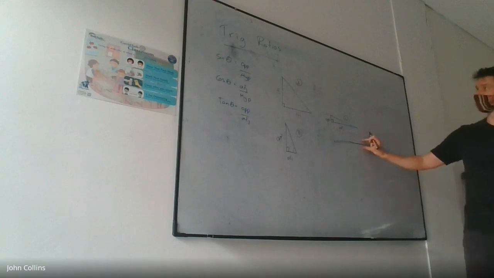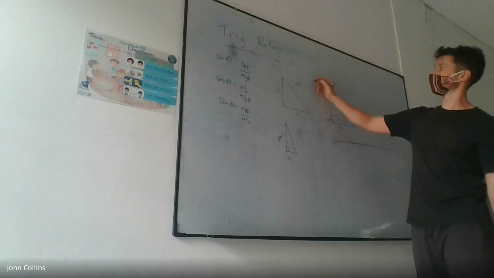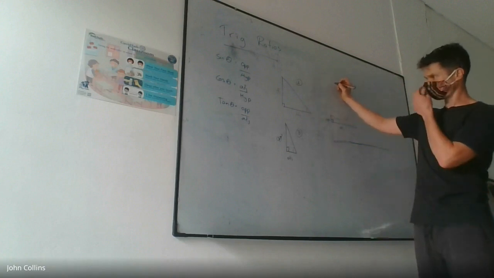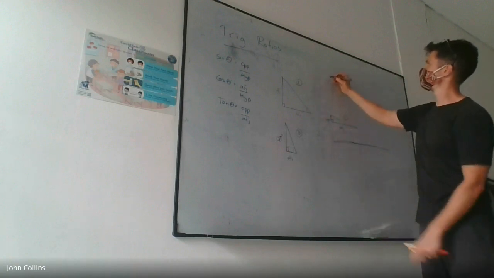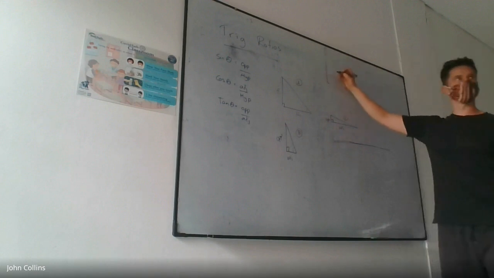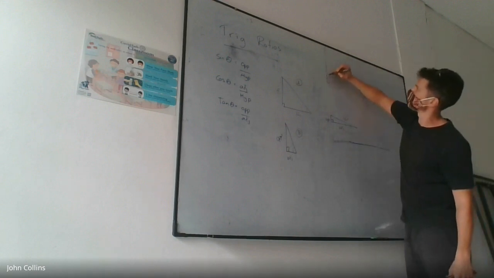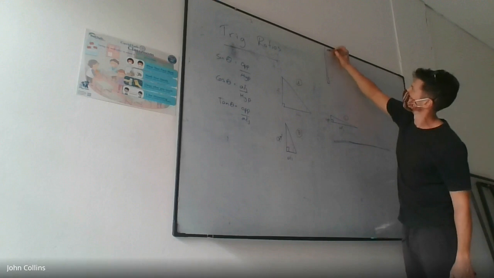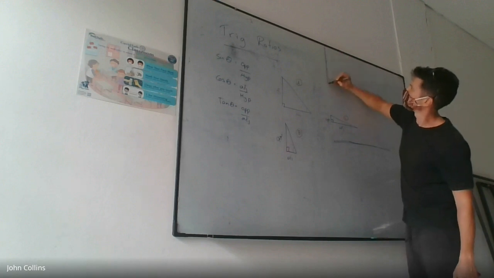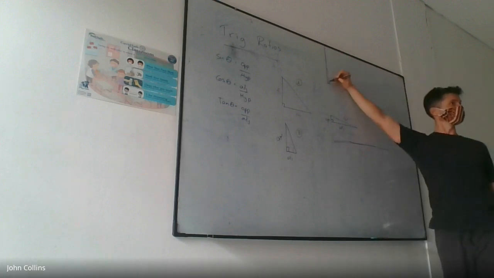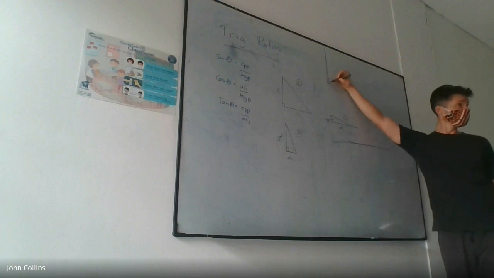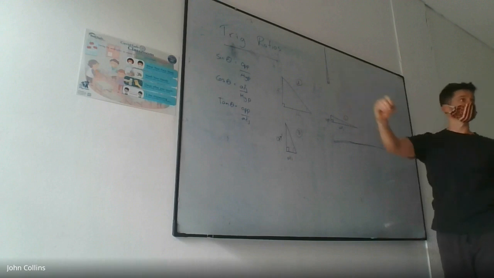But if I could draw the next one up with a tiny adjacent and a huge opposite, we're getting closer and closer to 90 degrees here. It'll never reach 90 degrees, will it? It won't be a triangle anymore if it does, because this one's 90 and this one's 90.